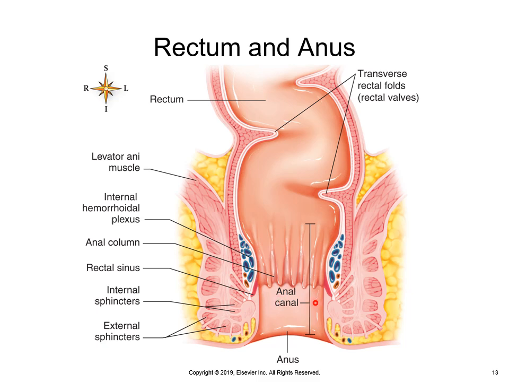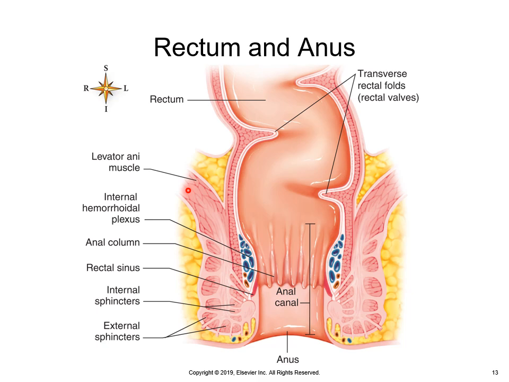So the sphincters and also this levator ani muscle that we have right here, they're going to regulate that voluntary and also involuntary muscle control.